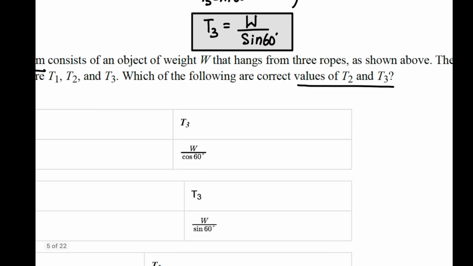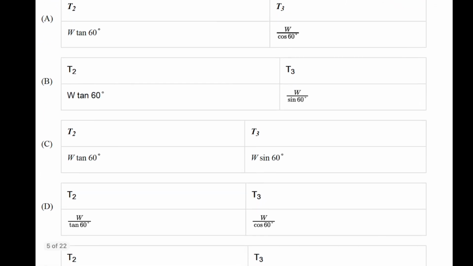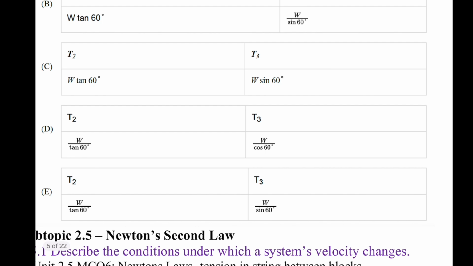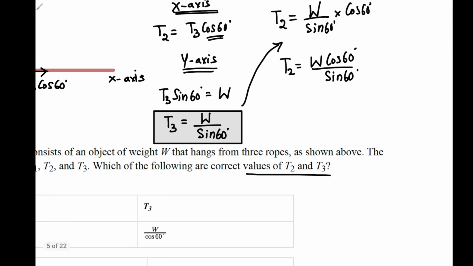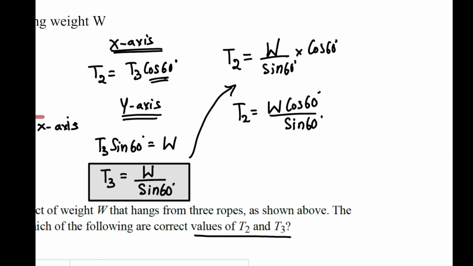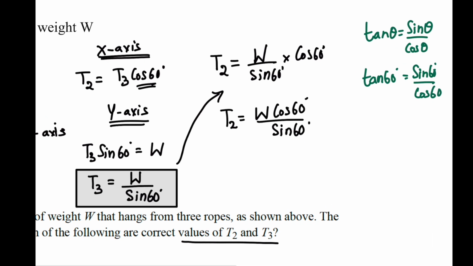Now if we check the options, we don't have anything looking like what we have got. Instead we have something in terms of tan. So we need to rearrange this equation in terms of tan. You need to know that tan theta is equal to sine theta over cosine theta. So that means tan 60 will be sine 60 over cosine 60, which I can see here.